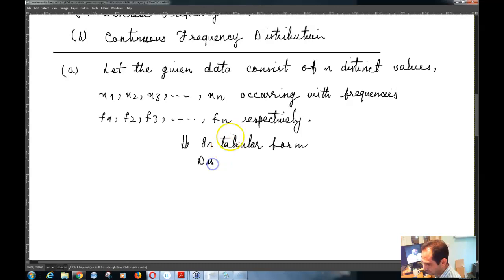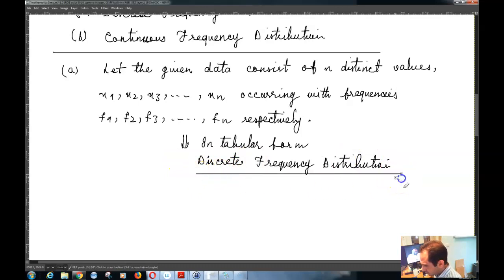Of course, I might have forgotten such terms as discrete frequency distribution and so on, but I do understand what it means in terms of practical examples.